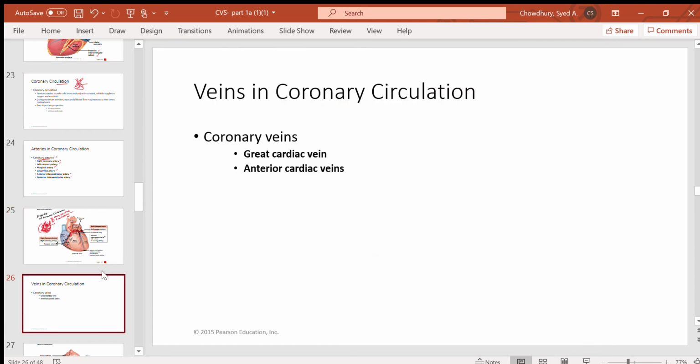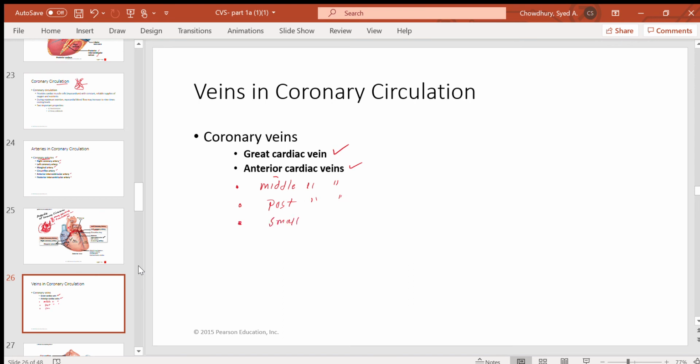The important veins in the wall of the heart or coronary circulation are great cardiac vein, anterior cardiac vein, also there are a few more, middle cardiac vein, posterior cardiac vein, small cardiac vein.